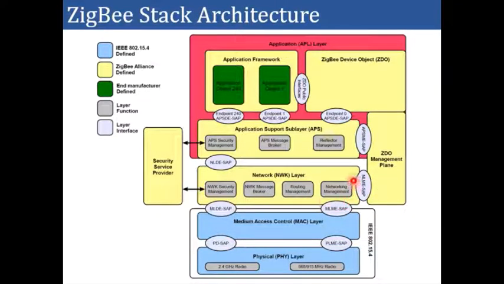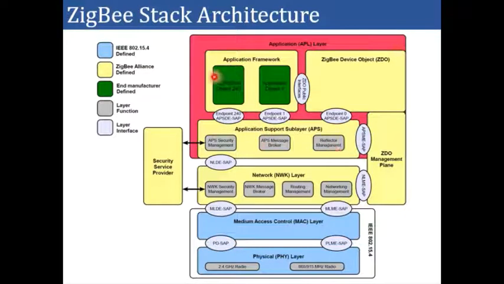The various functions which will be implemented in the network layer are as shown in the figure. Here, network security management, network message broker, routing management, networking management functions are built as part of the network layer. Similarly, in case of the application support sublayer, various functions which are implemented are APS security management, APS message broker, APS reflector management, and so on.